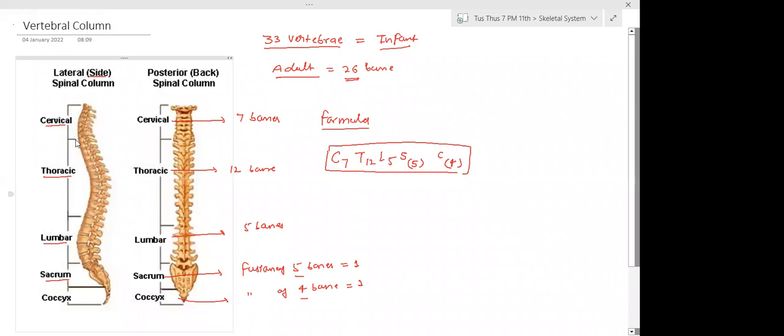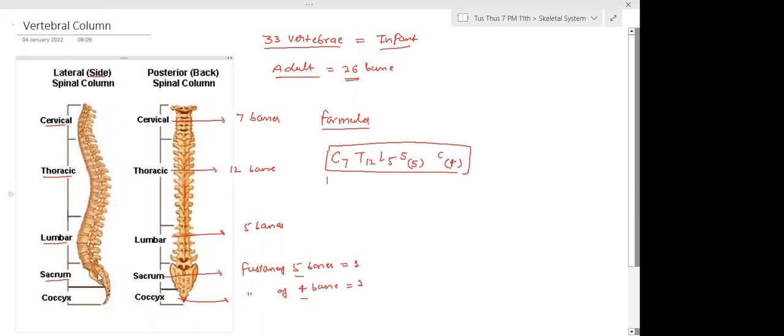The part of vertebrae which is found at the neck region is called cervical. The part found in the lungs region is called thoracic. The part found in the stomach region is called lumbar. Below the lumbar, there are sacrum and coccygeal. Sacrum is basically the fusion of 5 bones, and coccygeal is basically the fusion of 4 bones, right?